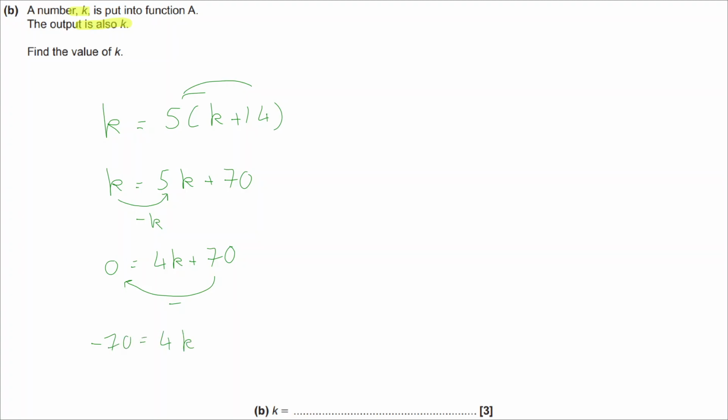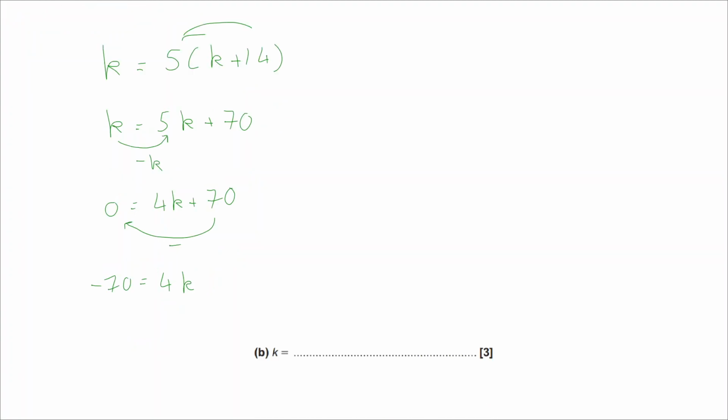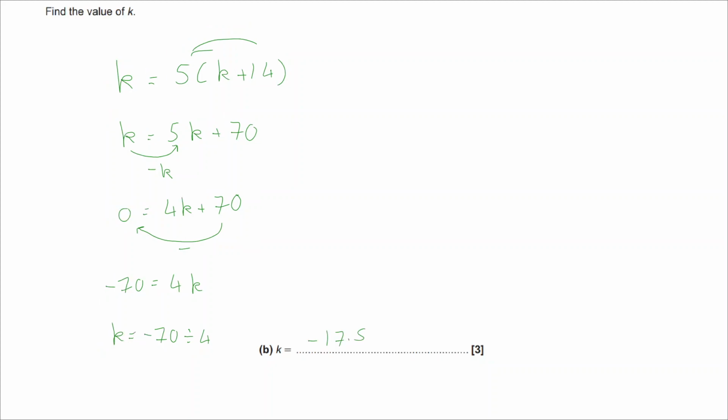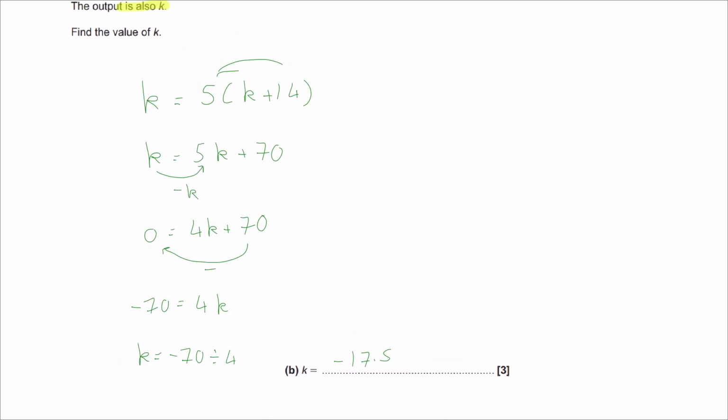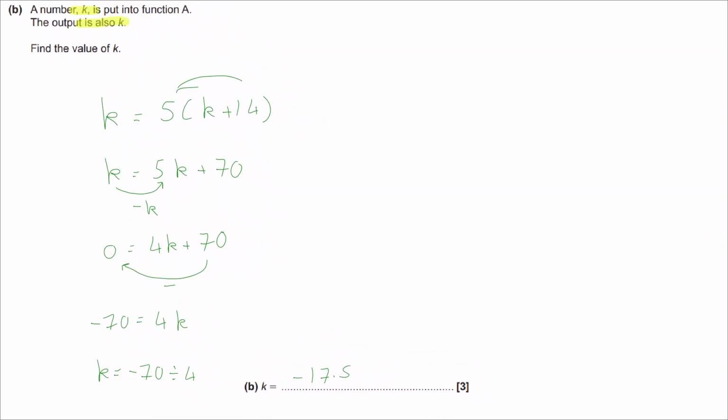And then to get k, k is going to be equal to minus 70 divided by 4. Okay, so k is going to be equal to minus 17.5. That should be the answer. So negative 17.5. And let's check the mark scheme, but that should be good. That is good.